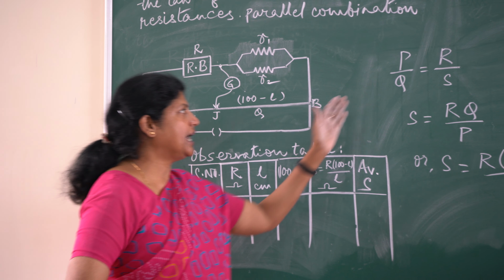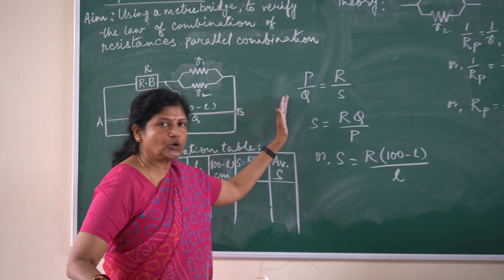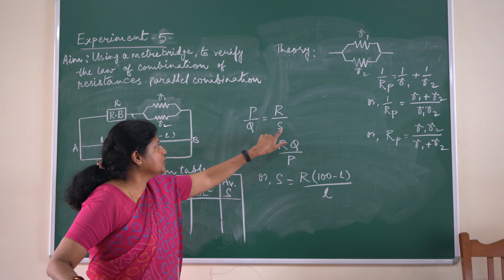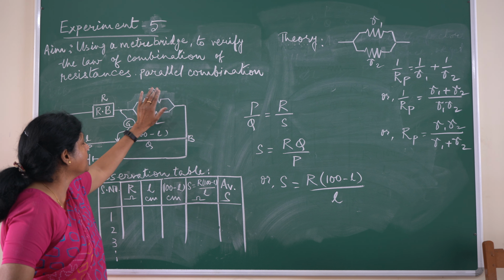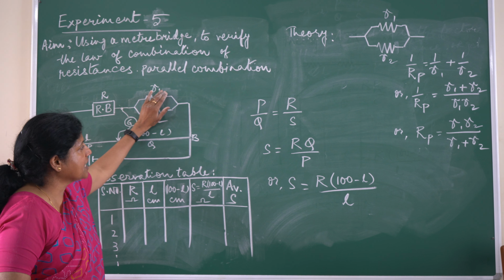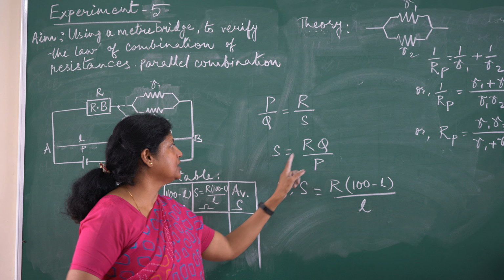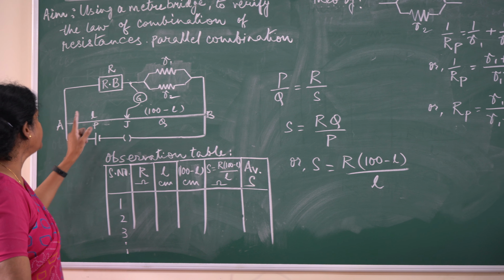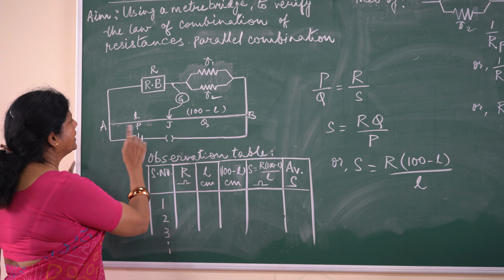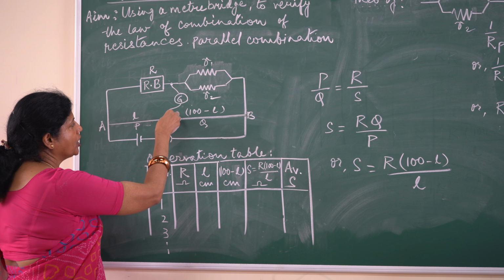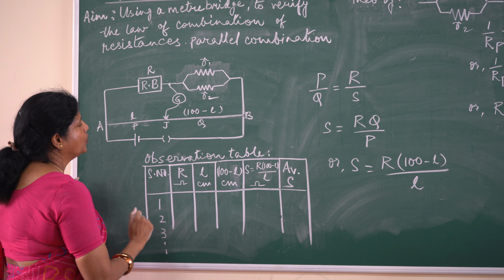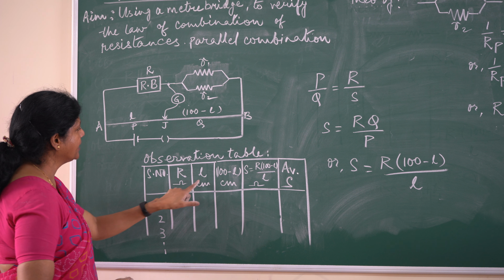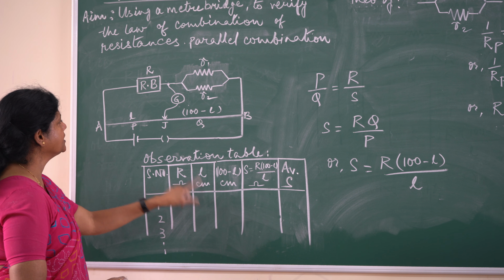And we know the balanced condition for a Wheatstone bridge: P upon Q is equal to R upon S. Here we are going to calculate the resistance of this arm, so S is equal to R Q upon P. Now if you see the circuit diagram, when we put the jockey on the AB wire, AJ will give length L in centimeter.